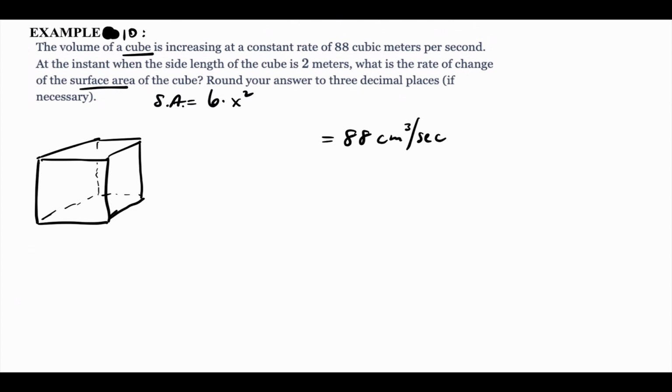What tag are we going to give that guy? dV over dt, good. Increasing, so it's positive 88. Good. So the volume is getting bigger. So the cube is getting bigger. Volume is how much stuff can the cube hold, right? If it's a cube of ice, how much water is the ice holding? Okay.